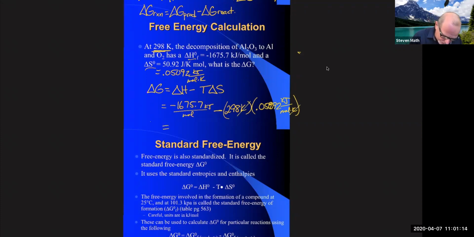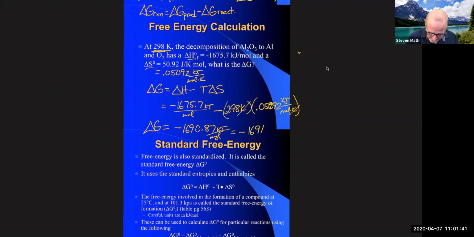If we do this, delta G ends up being negative 1690.87 kilojoules per mole. And because of our sig figs, we're probably safer making that 4 sig figs because of our entropy and our temperature here.